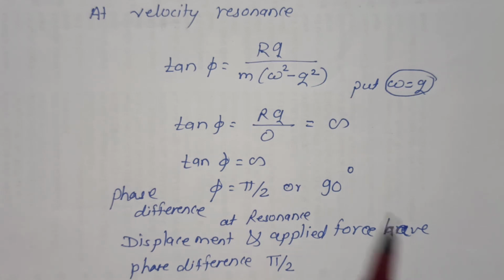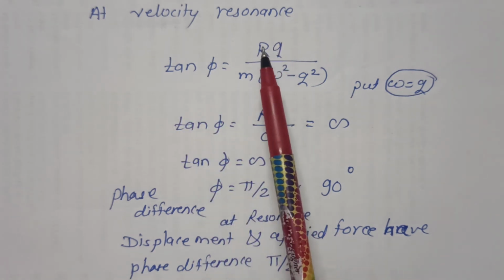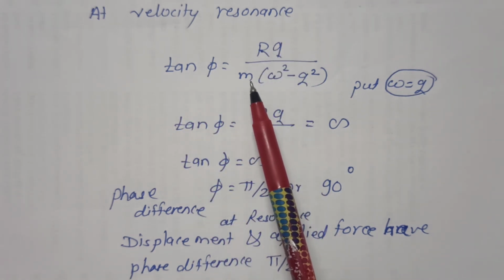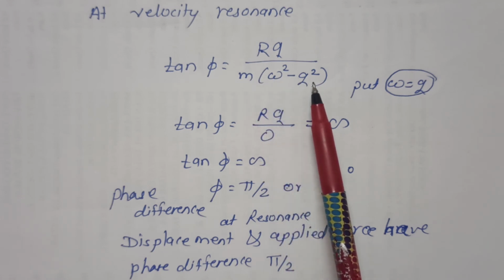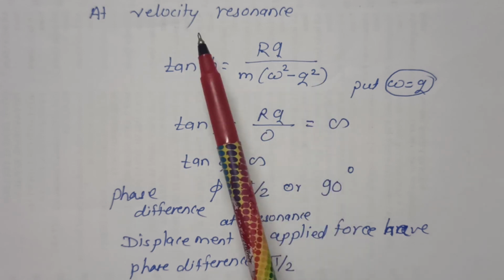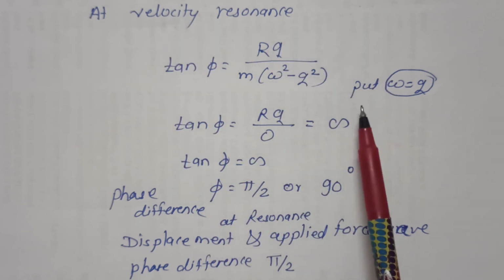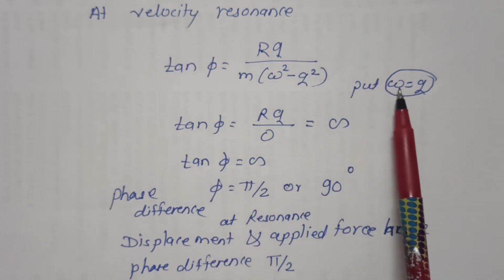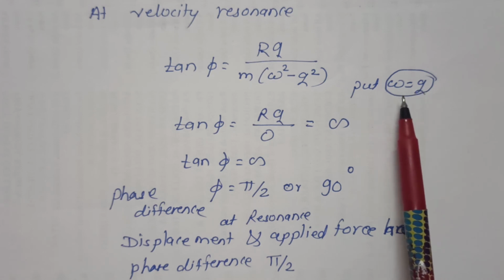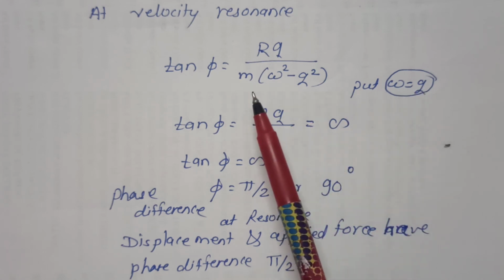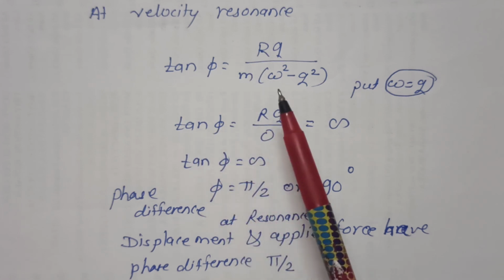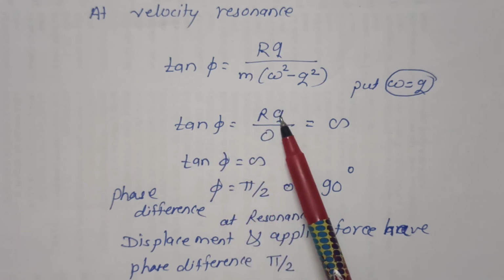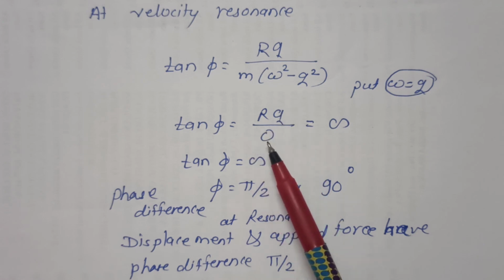We know that tan phi is equal to rq divided by m times (omega square minus q square). At velocity resonance, the condition is q is equal to omega. Put this condition in tan phi, then we get tan phi is equal to rq divided by 0.